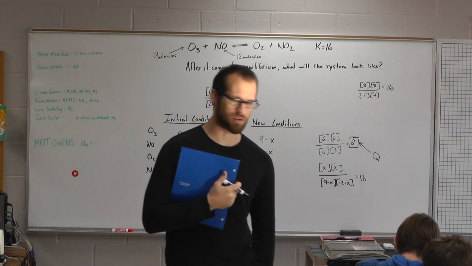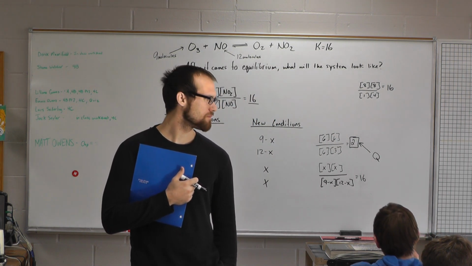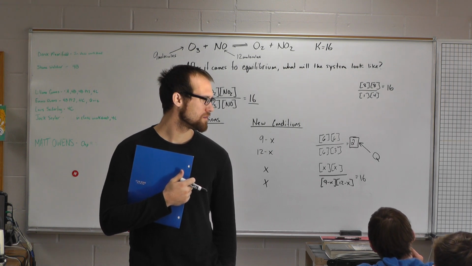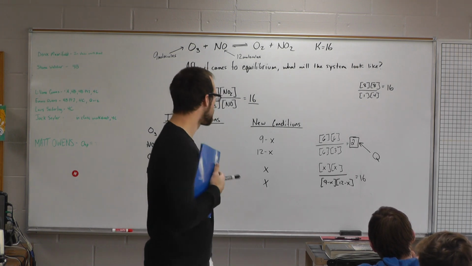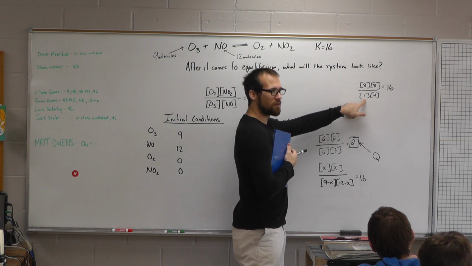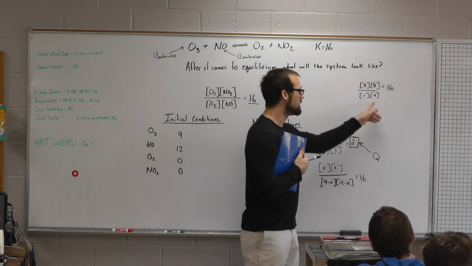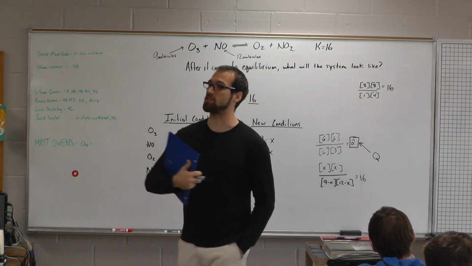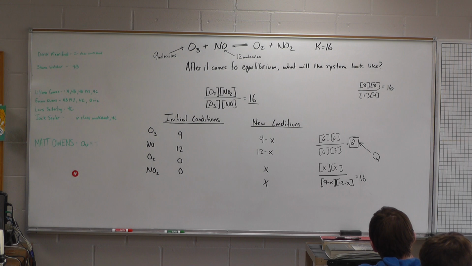Why do I say almost all the way to completion? How much reactant is left over? I still have one molecule of my starting O3, so I didn't completely react all of it. I fell one molecule short, but I would say that this reaction still lies really far to the right.